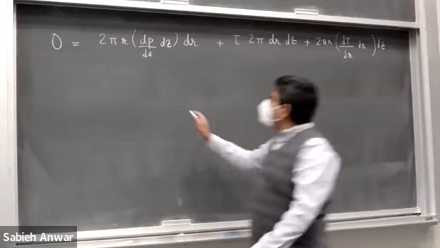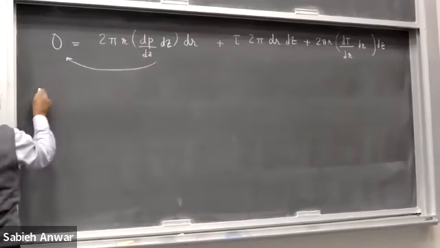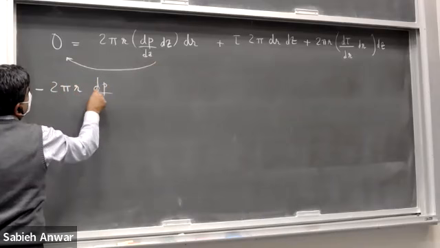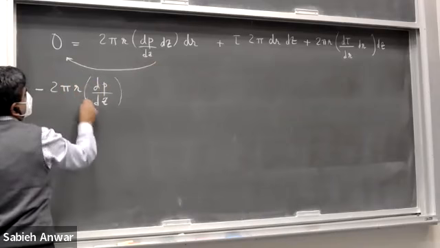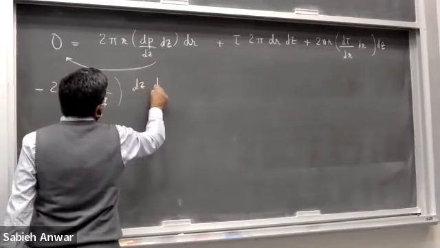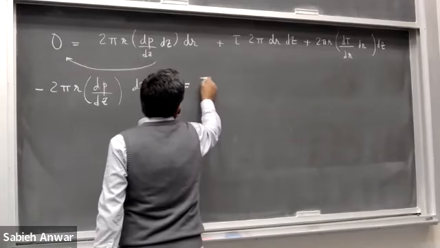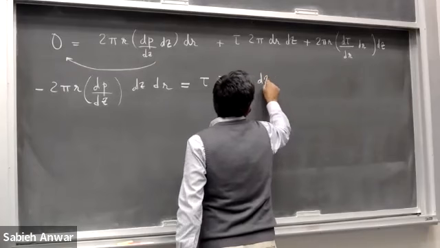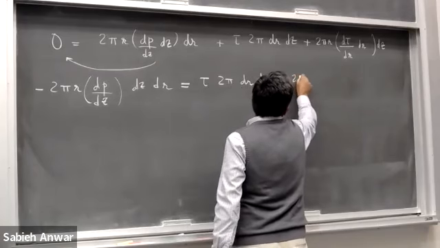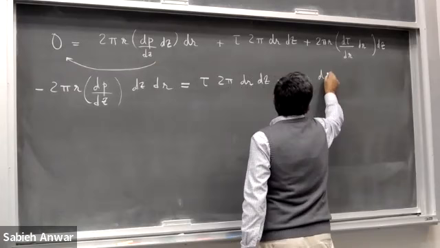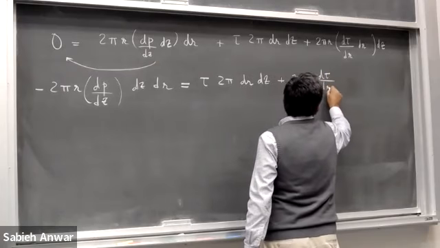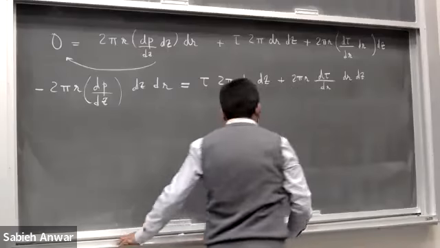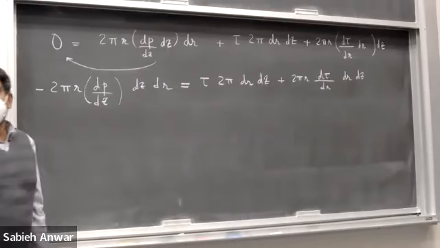Now I take this term to the other side. I get minus 2 pi r dp over dz dz dr equals tau 2 pi dr dz plus 2 pi r d tau over dr dr dz. All right, so far so good.